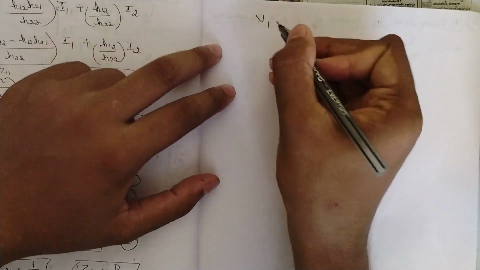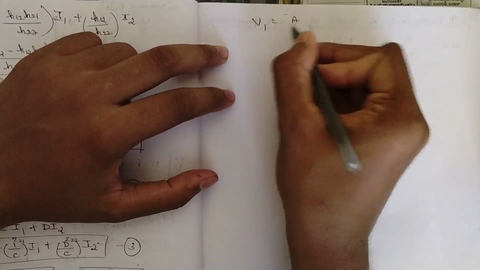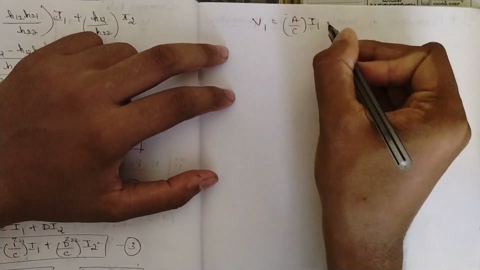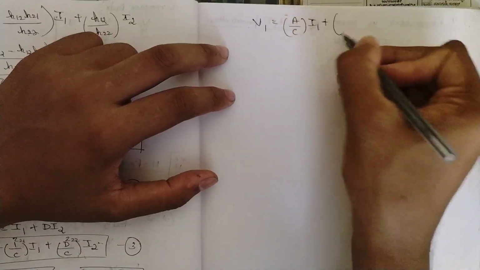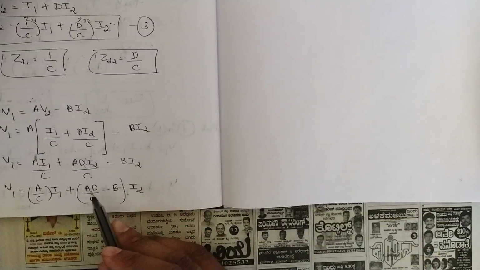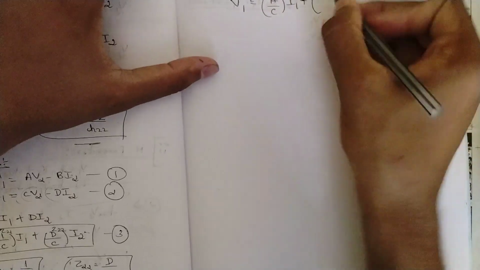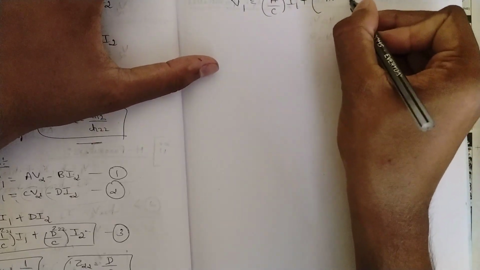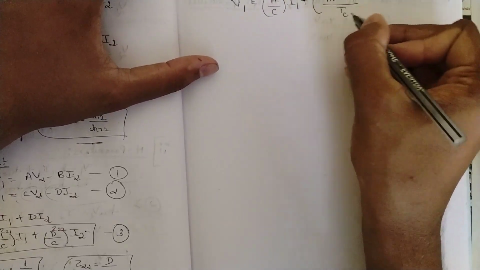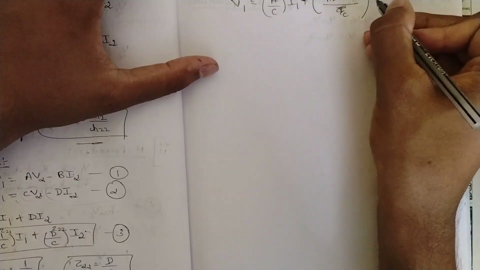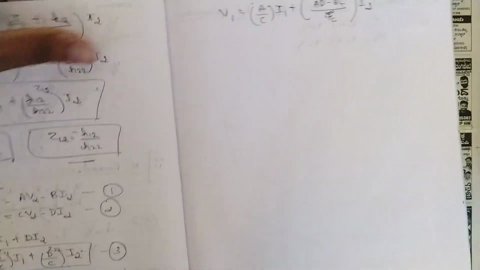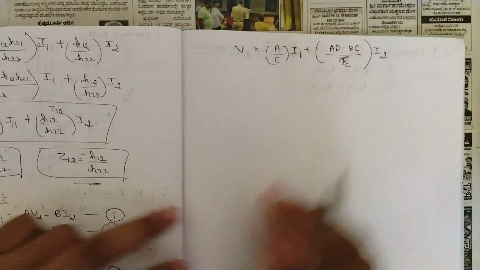Now solve this. So V1 is equal to A by C I1, then plus, taking cross multiplication, AD minus BC the whole divided by C into I2. Now represent this in terms of T parameters.